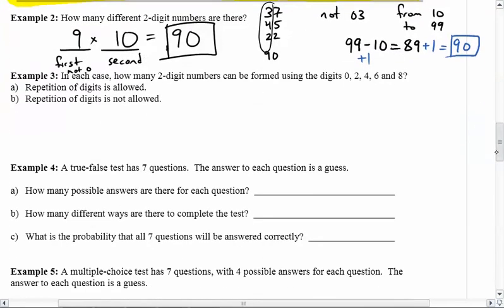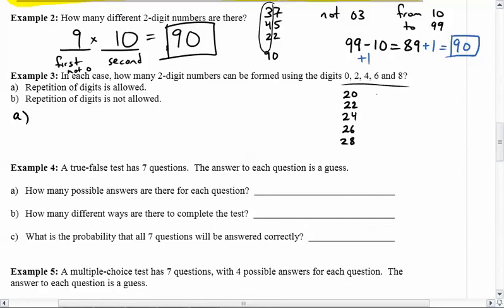Now we'll try another example. How many 2-digit numbers can we form with just even digits, if we're allowed to repeat digits? The smallest number I guess would be 20. And then we're allowed to repeat, so it would be 22, 24, 26, 28.